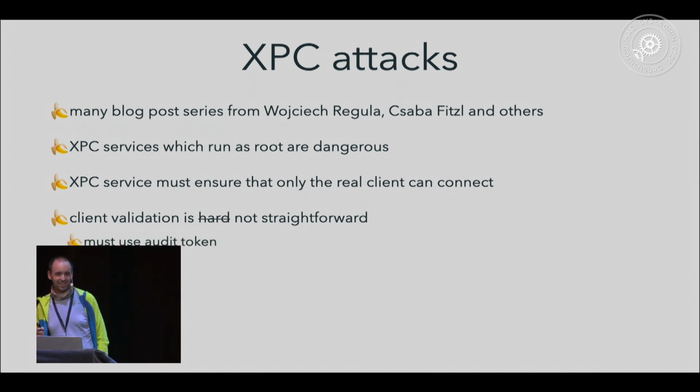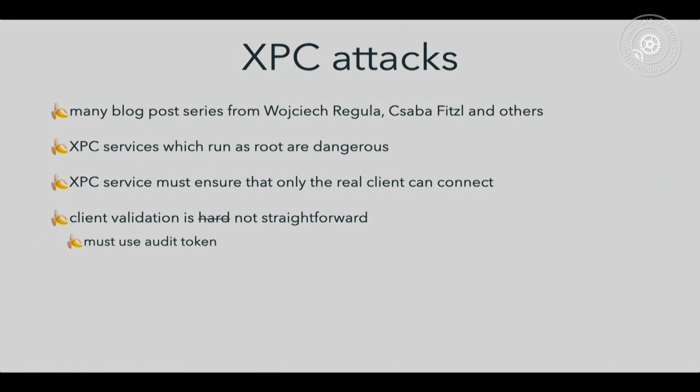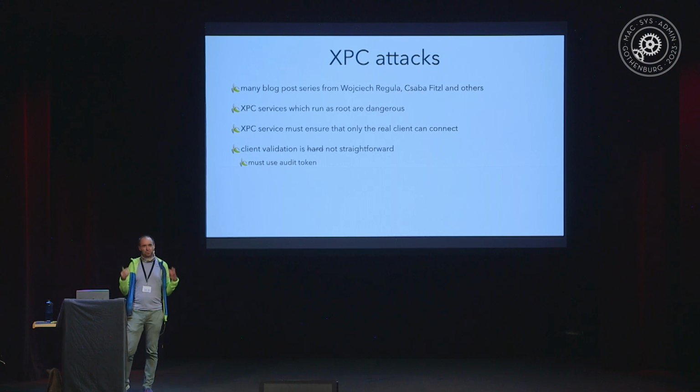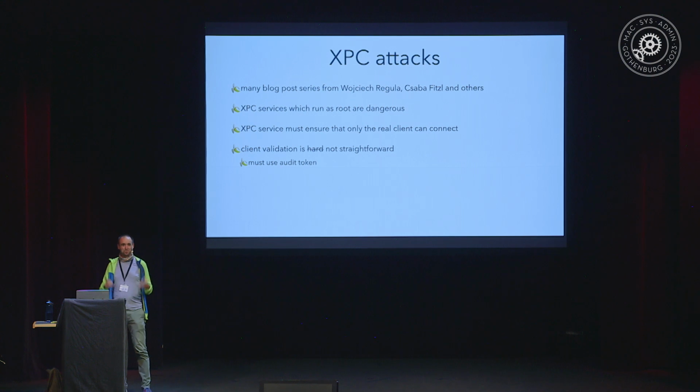Also, when you do client validation, you must use the audit token of the connecting process. Now, until Big Sur, well, even nowadays, the audit token APIs are private. So by default, if you just wanted to use public APIs, you couldn't write a secure XPC service.